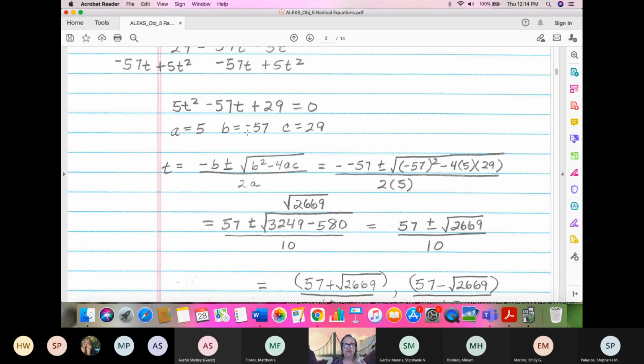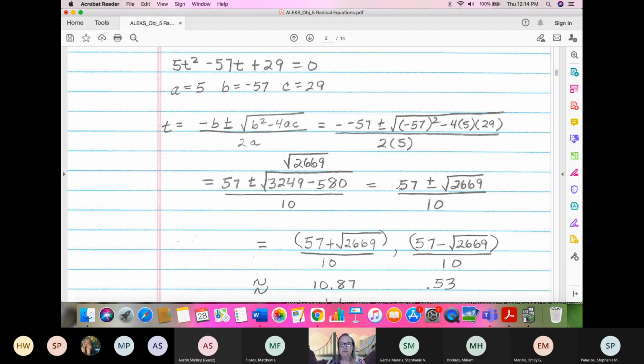B is negative 57, put it in parentheses and square it. I always put this number in parentheses here so I don't forget to do it when I need to. So this is what we get for this problem, negative 57, and that is squared including the negative sign, minus 4 times A, which is 5, times C, which is 29, all over 2 times A, which is 5.